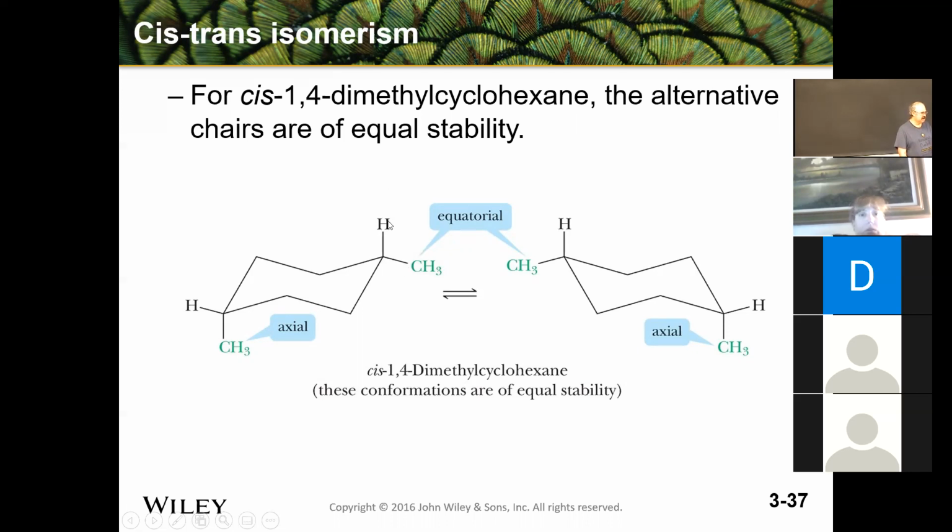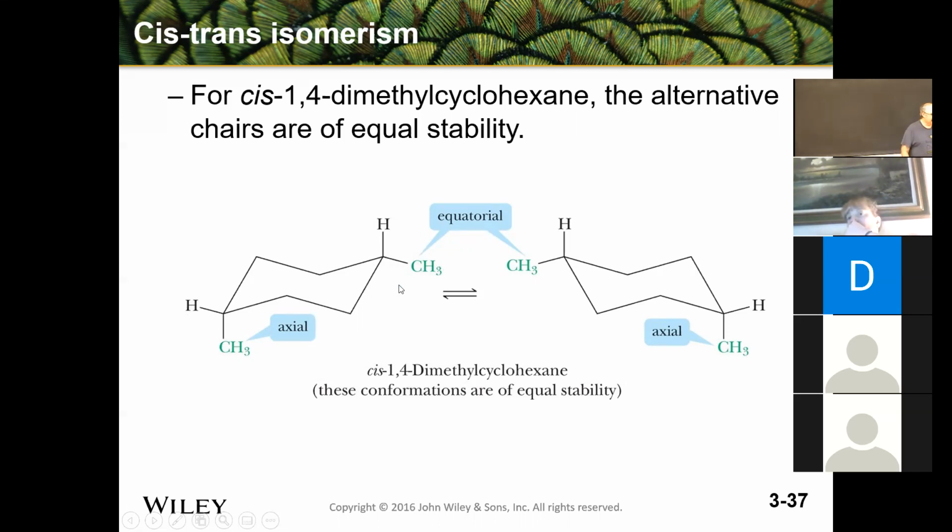So to make the cis, we actually had to break this bond and place the methyl down here. This is cis because hydrogen's on top, methyl's on bottom. Over here, hydrogen's on the top, methyl's on the bottom. So that's how you can recognize that it's cis.